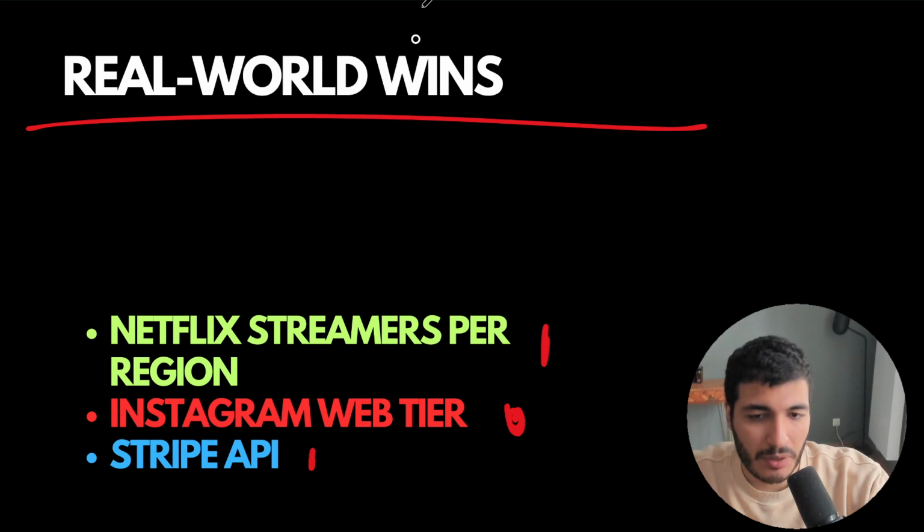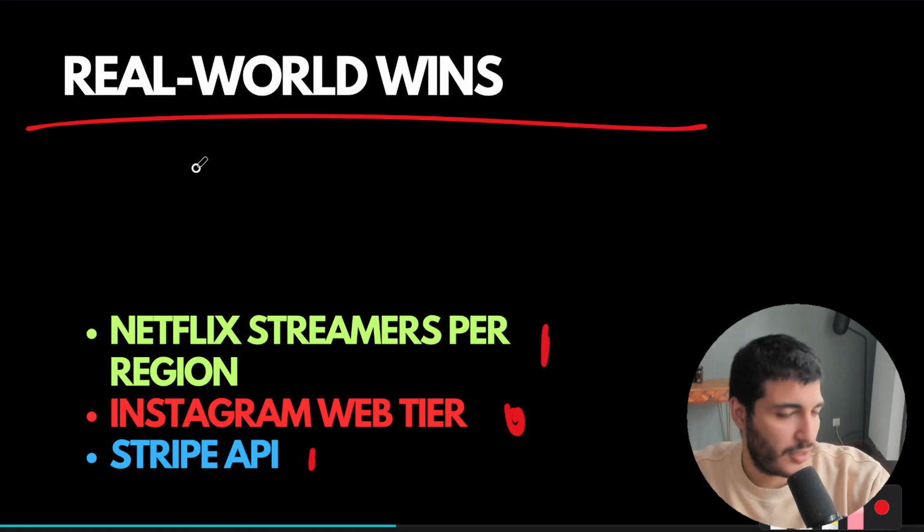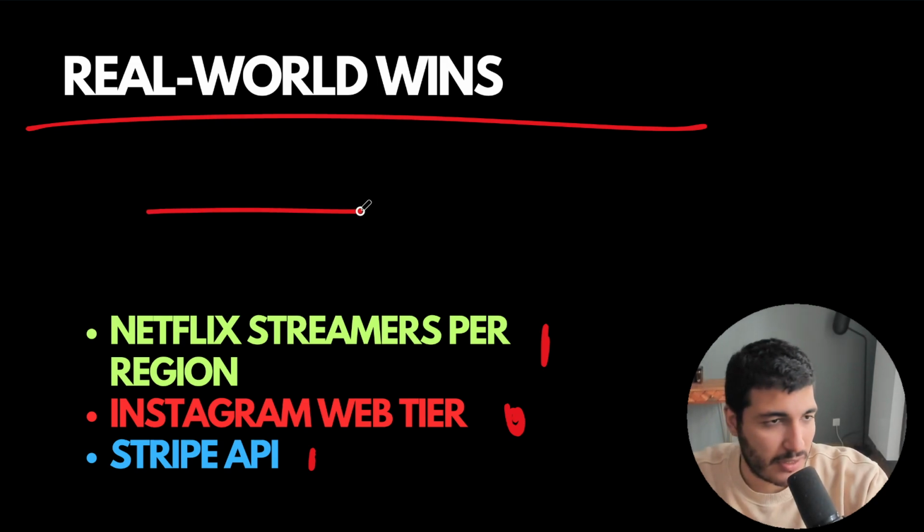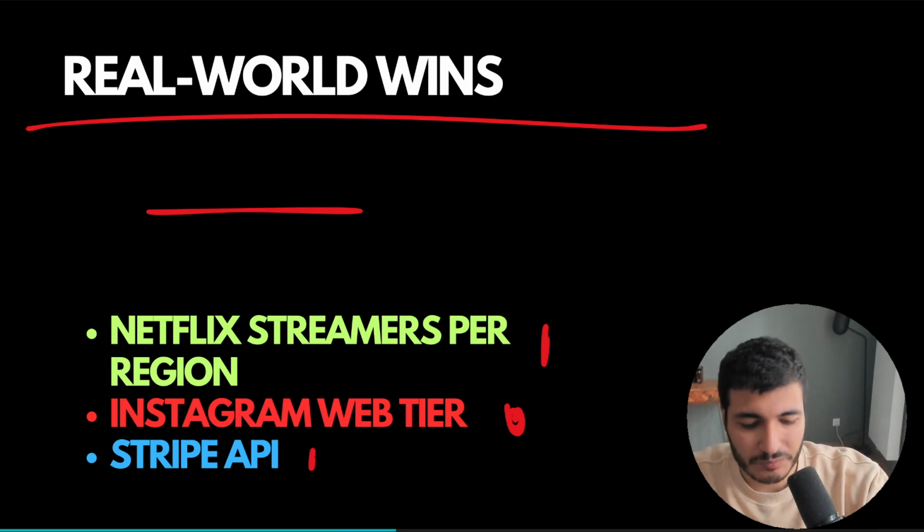The Stripe API uses a horizontal pool of stateless Go services plus database read replicas. There are many more real world examples, but for this video, I just take three specific examples.